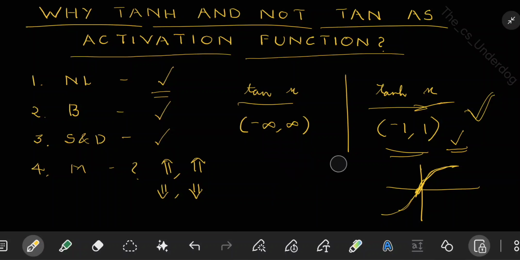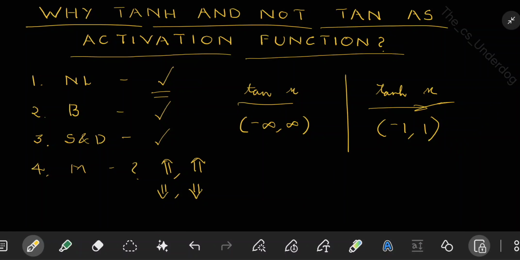So let us just put together all the points we have learned. One is numerical stability. What we had seen: tan x is not numerically stable. It may explode. In the case of tanh x, it is numerically stable. It is bounded. It is safe, right?